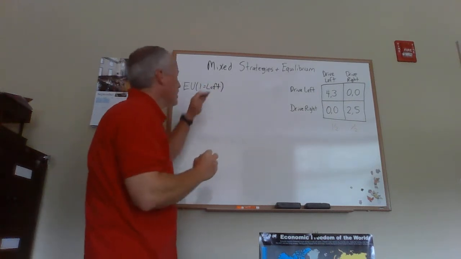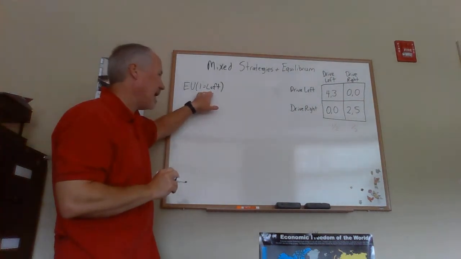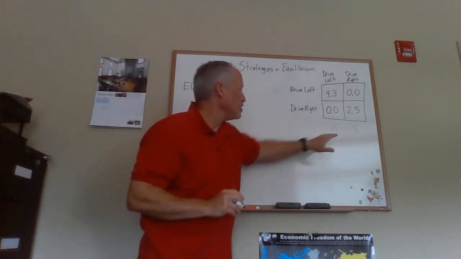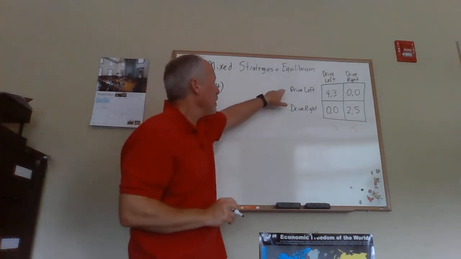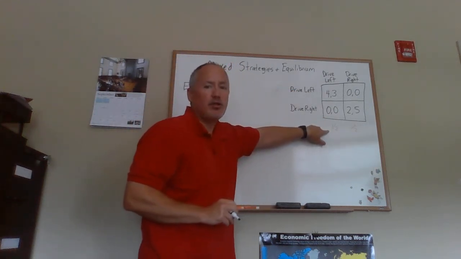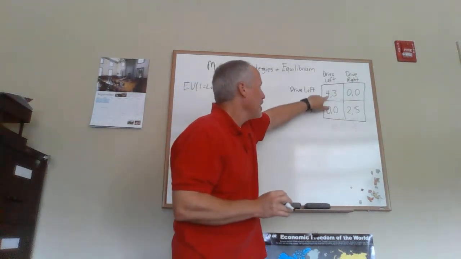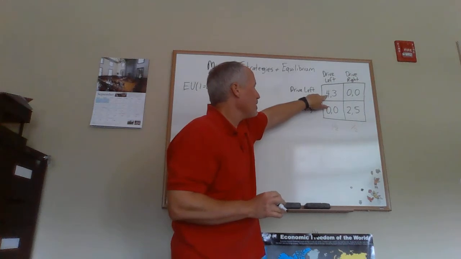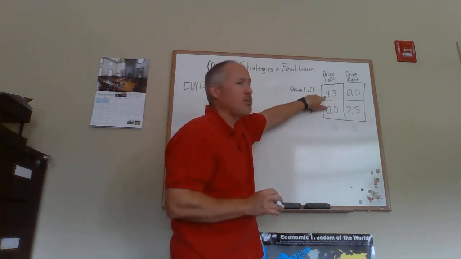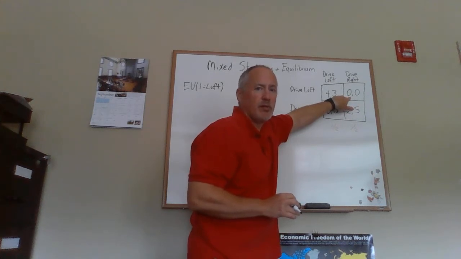And what I'll write here is the expected utility that player 1 gets from playing left against the strategy 1/2, 1/2. Well, if player 1 chooses drive left, then given how player 2 is playing, each of these strategies with probability 1/2, player 1 would realize they'd be in this cell of the matrix with probability 1/2, and in this cell of the matrix with probability 1/2.